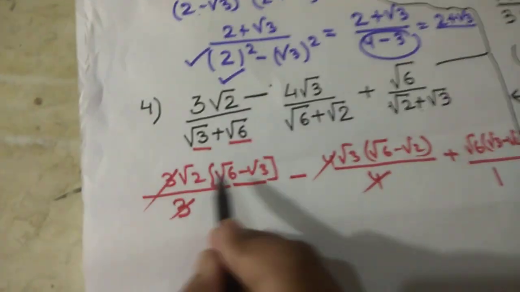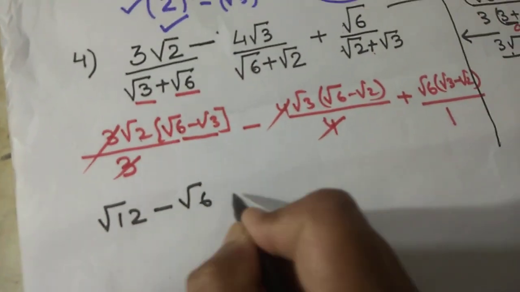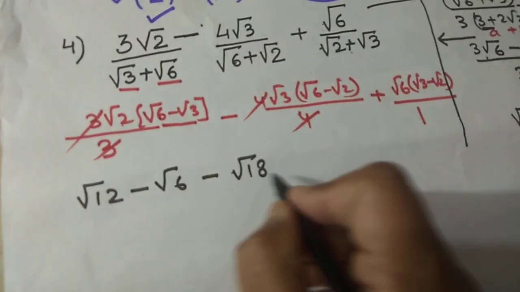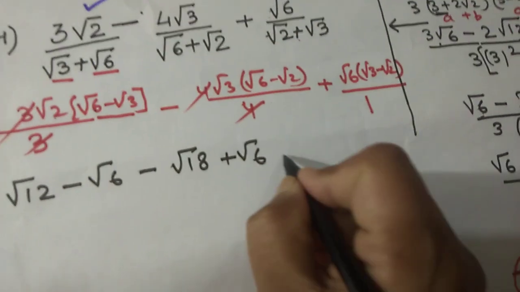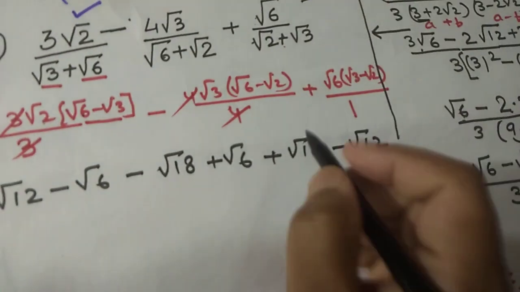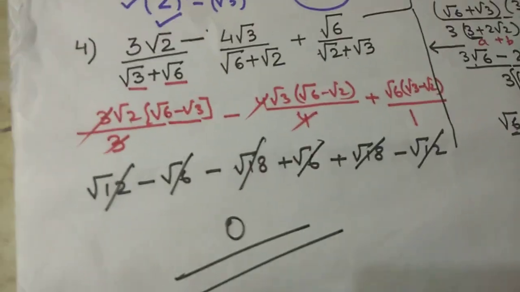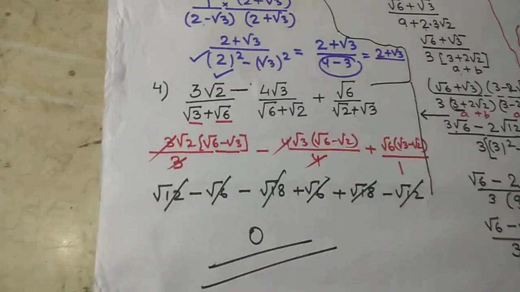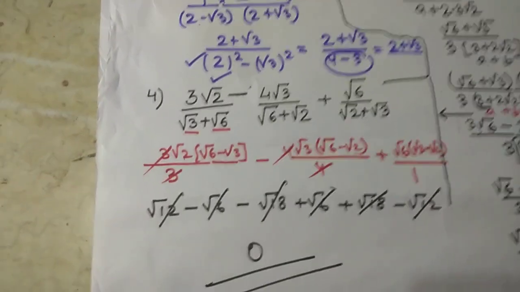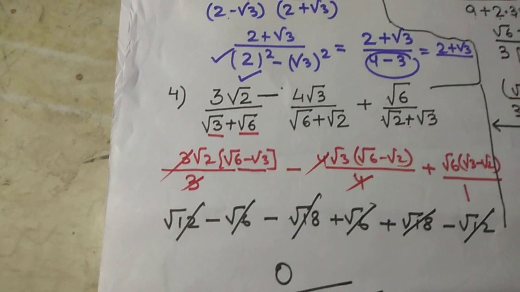So now root 6 into root 12 minus root 6 minus root 3, root 18 minus, plus root 6, then root 18 minus root 12. Now you check root 18 cancel, root 6 cancel, root 12 cancel. This is 0. A perfect question, a 2-line question. But the children just wanted to go with the longer simplification. Go, but use the concept a plus b, a minus b.